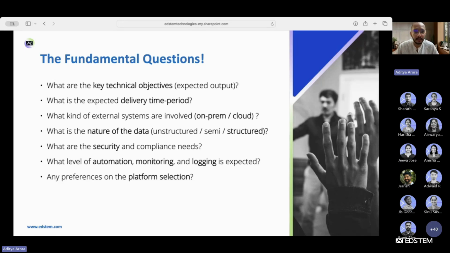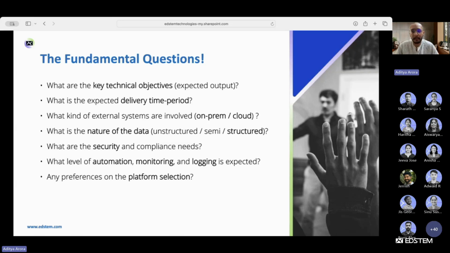So sometimes those companies build a data warehouse just to store data, just to transform it and store it forever for compliance needs. So if that's the expected output, then your design is going to be different because then you're going to be optimizing for storage instead of maybe bad queries. So you need to understand the key technical objectives that's going to influence your design when you're building a data warehouse, especially when you're building it from scratch.